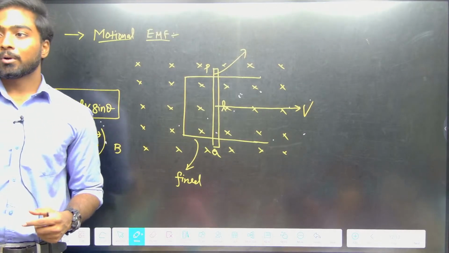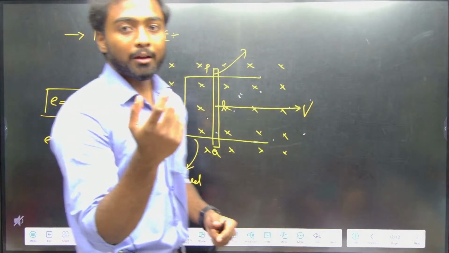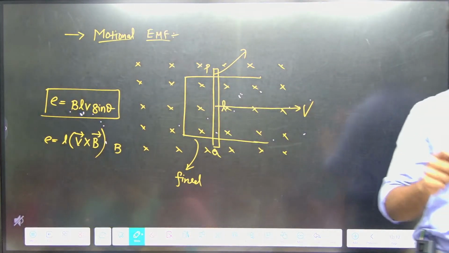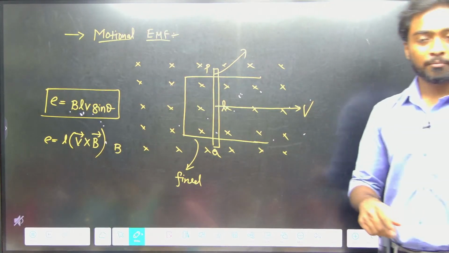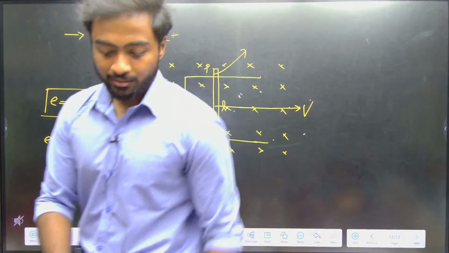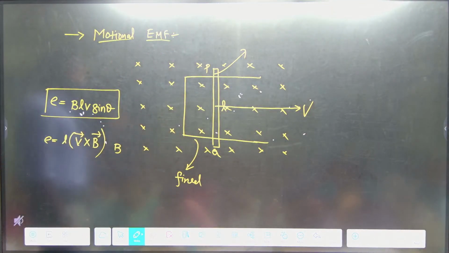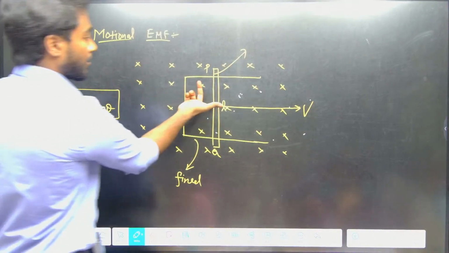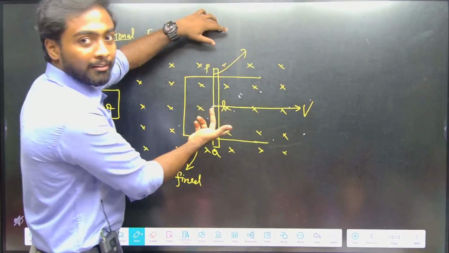And what is the last one? I. So the center finger denotes the induced current direction. So can we analyze the direction for this one now? Magnetic field is inside, velocity is this side.